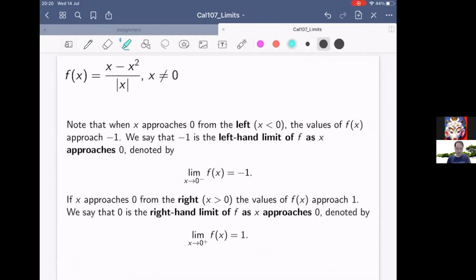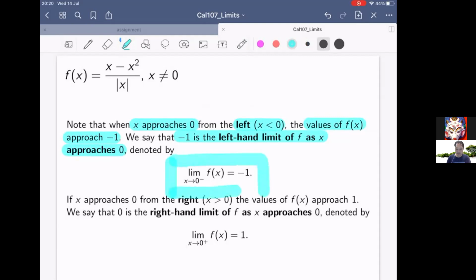We can see from the table that if your x approaches 0 from the left, whenever your x is less than 0, the value of your function f of x approaches negative 1. We say that negative 1 is the so-called left-hand limit of f of x as x approaches 0, and it is denoted by this equation.